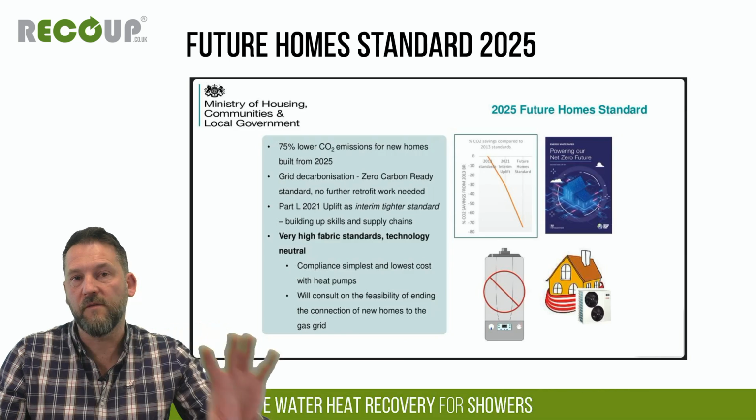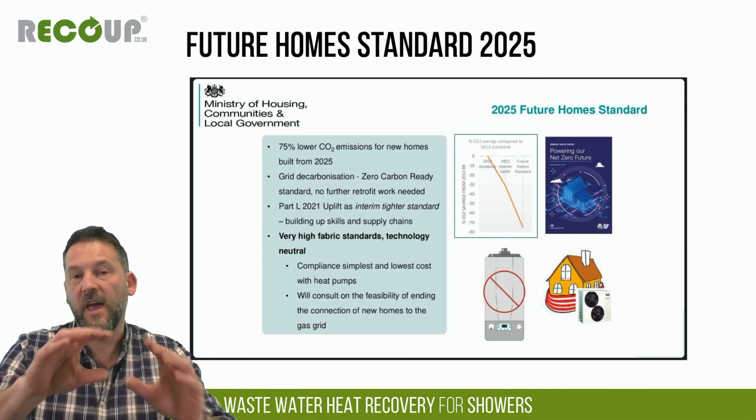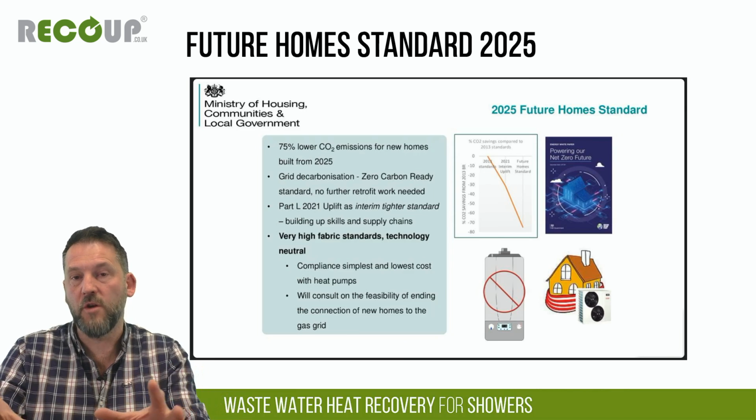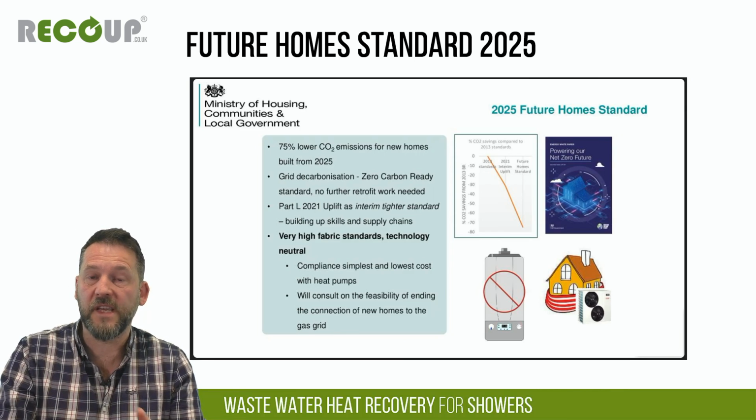So by not using fossil fuels and just electric, as the grid becomes greener, the whole UK new build homes become greener as well, become zero carbon, and ultimately don't need retrofitting to do that. It's just about the grid decarbonising.